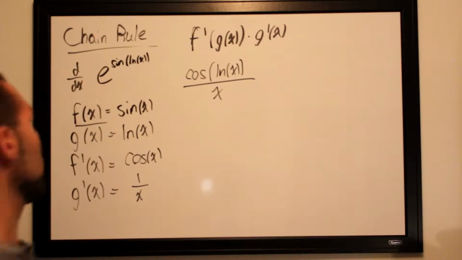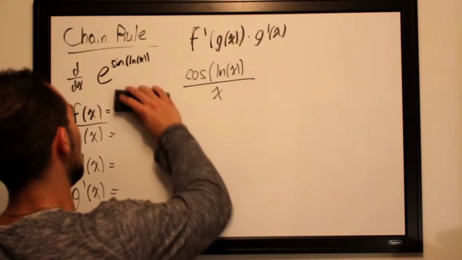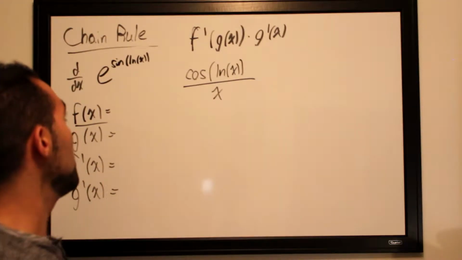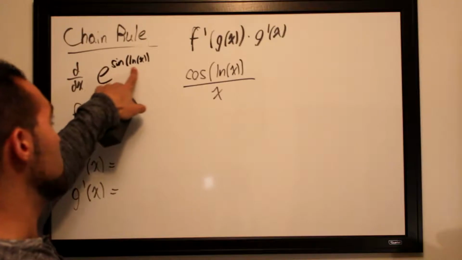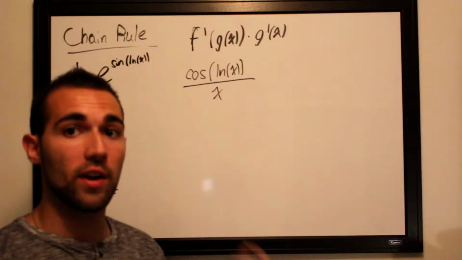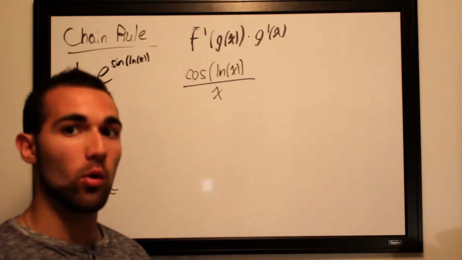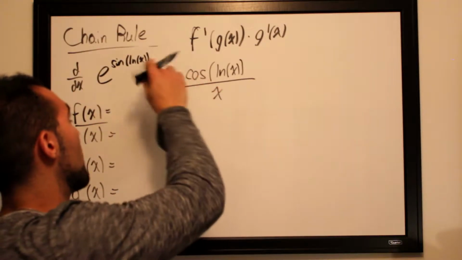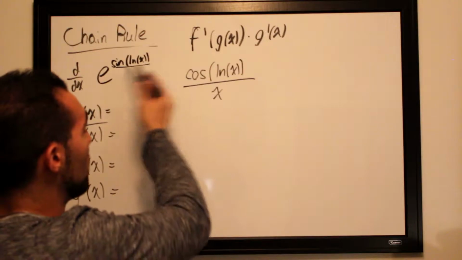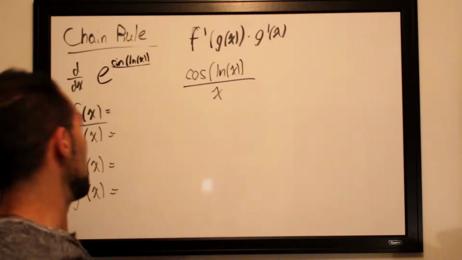Now that we have that done, we can take the derivative of e to the sine of ln of x, where we're going to treat this as the inner function. Sine of ln of x will be our inner function, and e to the x will be our outer function, because we have e being raised to the power of this entire mess. So we need the derivative of this entire mess as our g of x.